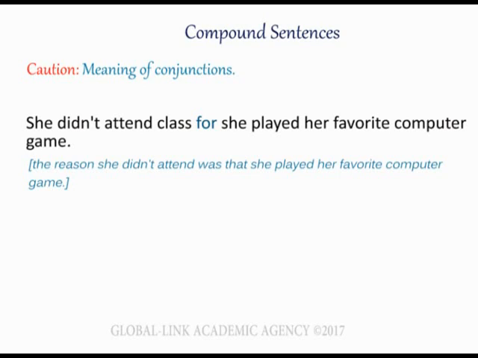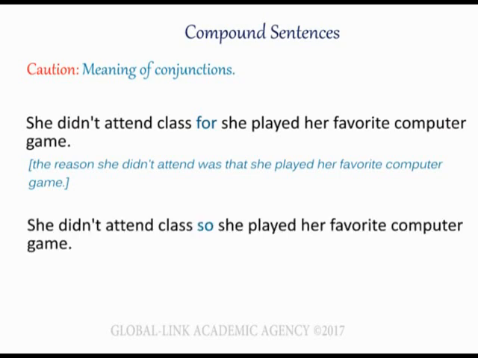Another one, she didn't attend class so she played her favorite computer game. This time we used the conjunction so, and the meaning also changed. It now means she just played computer game because she didn't attend class.